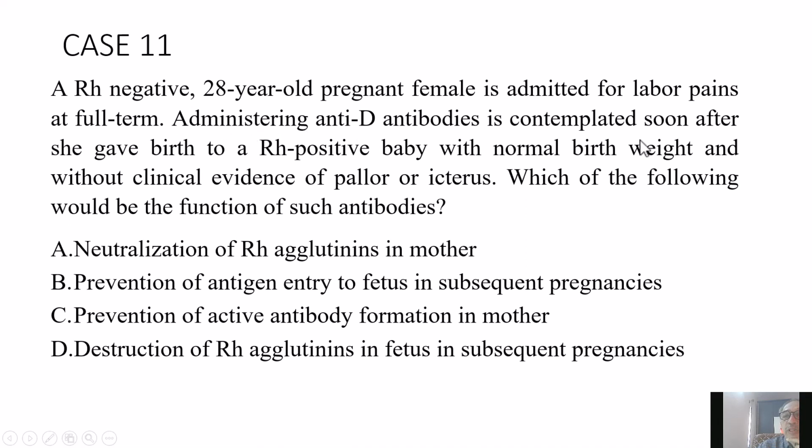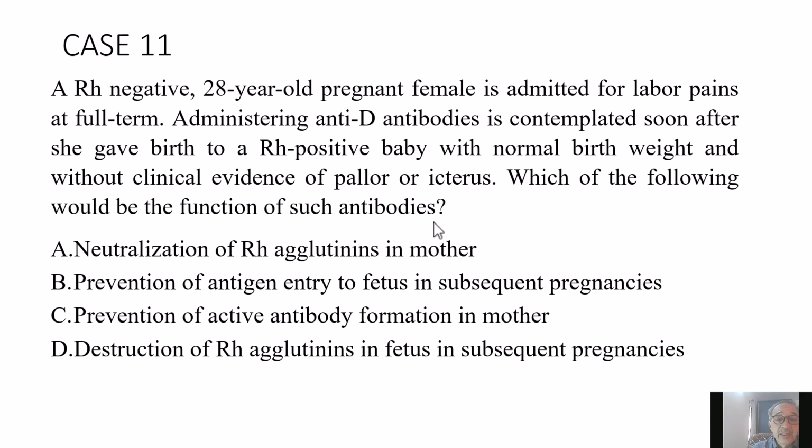Administering anti-D antibodies is contemplated soon after the birth of the Rh positive baby with normal birth weight and no evidence of jaundice. So the first child is born normally, but she has to be given anti-D antibodies because she is Rh negative. Question is, which of the following would be the function of such antibody? Why should you give anti-D at all?